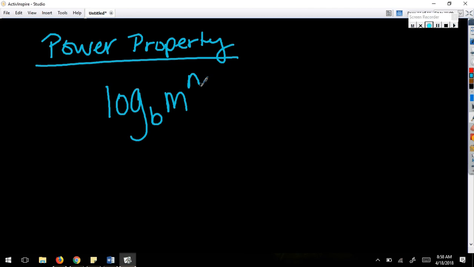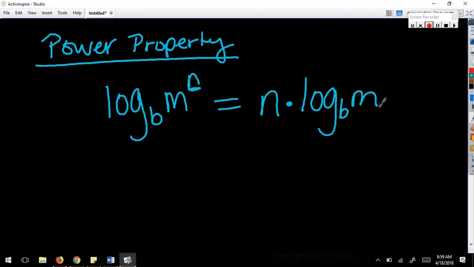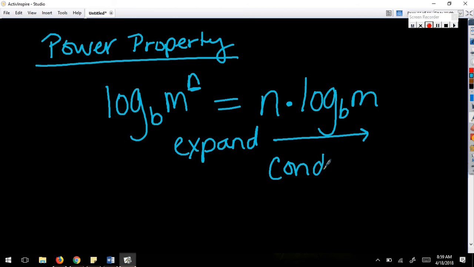But you multiply, right? So that's why this exponent comes around front and multiplies to the whole thing. Okay? Again, expand. So whenever you're writing the answer, you take the exponent and you just write it in front.